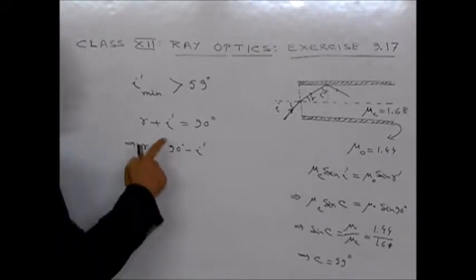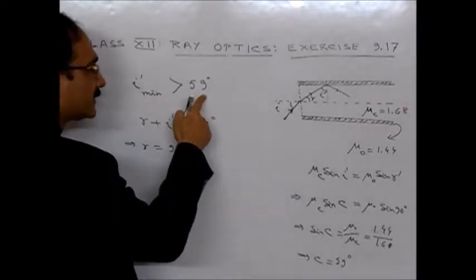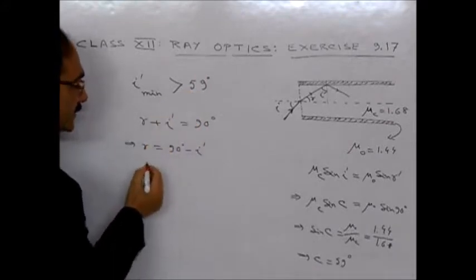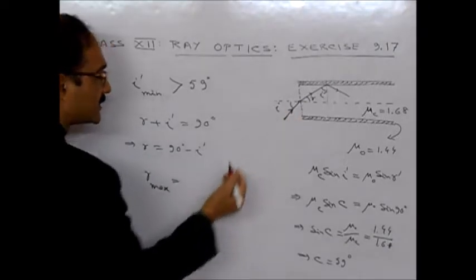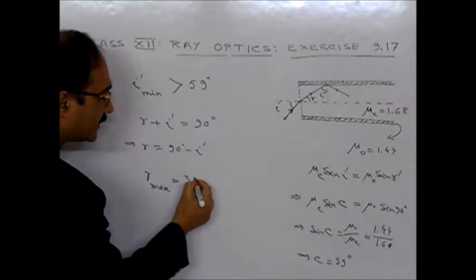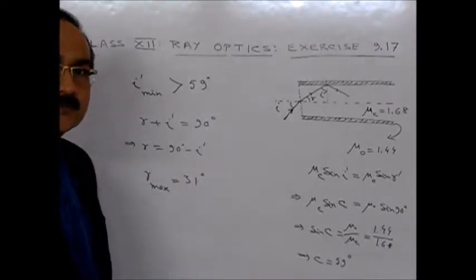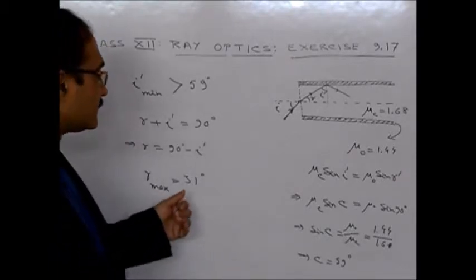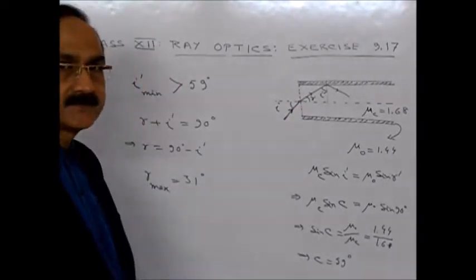Now, if I dash has to be greater than 59 degrees, then the maximum value of R will be 90 minus 59, that will come up to be 31 degrees. So R max can have the value 31 degrees, so this R cannot be more than 31 degrees.